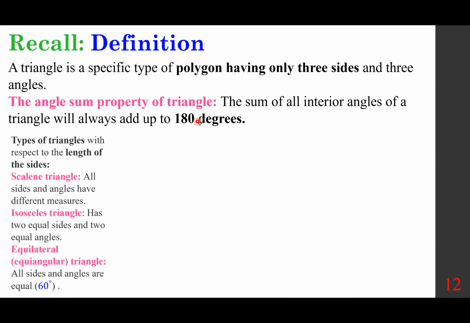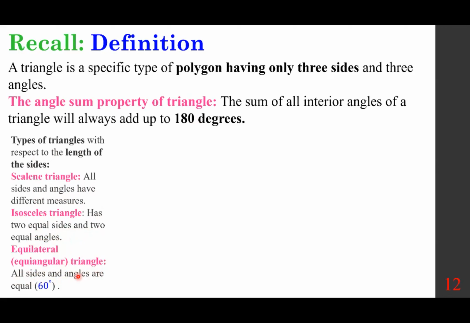Types of triangles with respect to the length of the sides. Scalene triangle: all sides and angles have different measures. Isosceles triangle has 2 equal sides and 2 equal angles. Equilateral triangle: all sides and angles are the same.